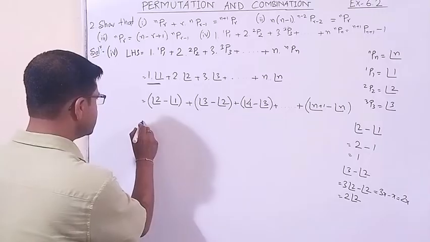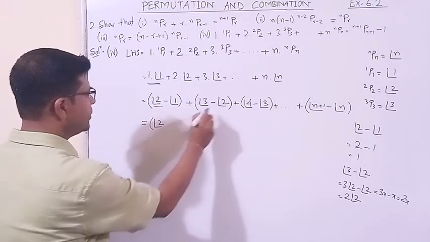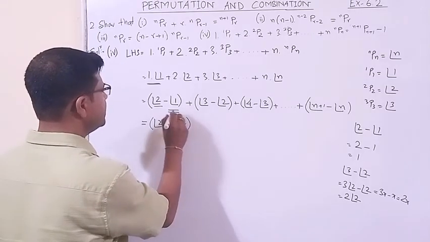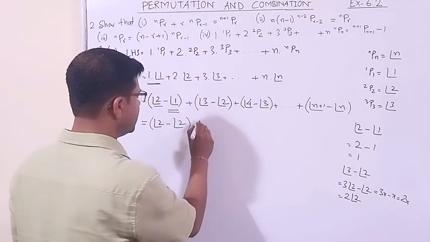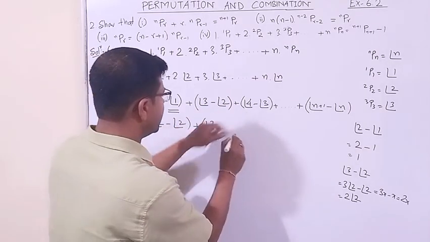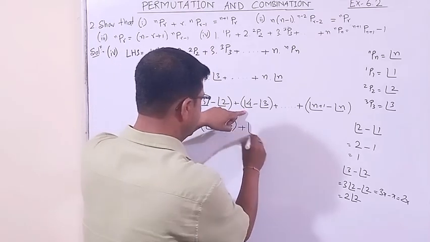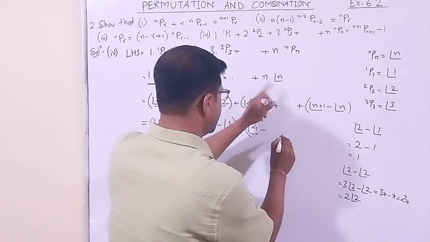Now let us arrange it. This factorial 2 minus this factorial 2, we can cancel this term. Okay, remember this term we shall write at the end. Let us arrange other terms. This factorial 3 minus this factorial 3. Then this factorial 4 minus the factorial 4 of the next immediate term.